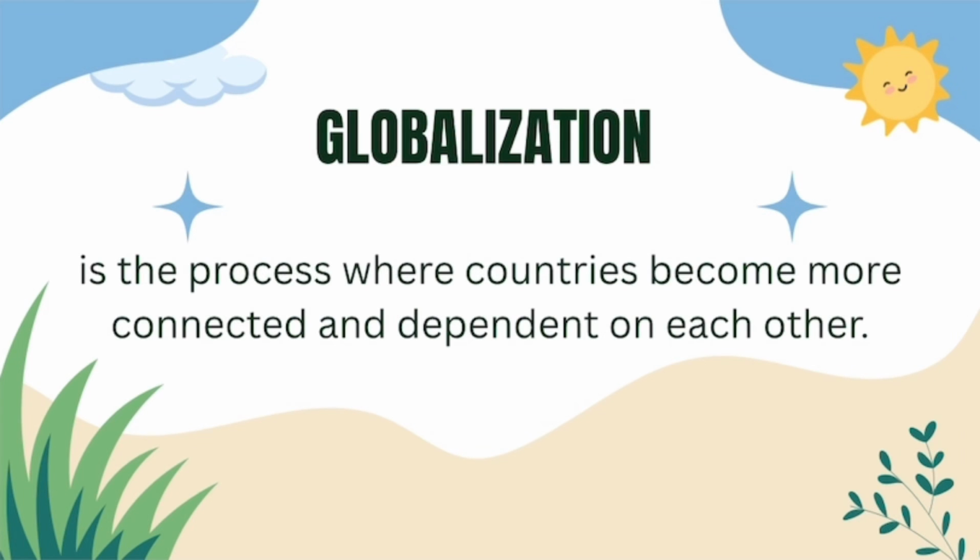This includes how we trade goods, share information, spread technology, and exchange culture. For example, the cell phone we use might be designed in the United States, assembled in China, and used here in the Philippines. That's globalization. We are all linked in one big global network.